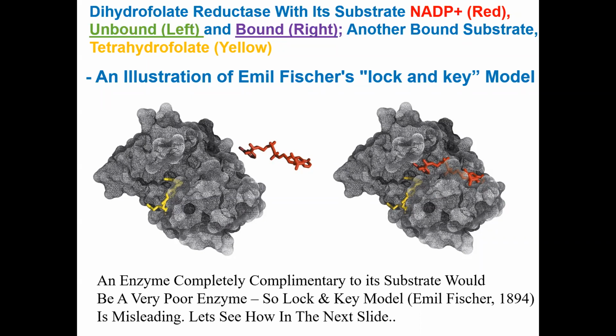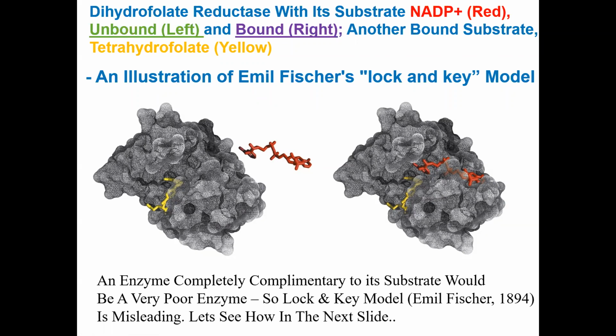But it turns out that Emil Fischer was not wrong. I mean, it was not from nowhere. There are some enzymes that actually exist that can validate the lock and key model, but very few. One enzyme is dihydrofolate reductase. Okay, dihydrofolate reductase is a small enzyme that plays an essential role in the building of your DNA and some other processes as well.